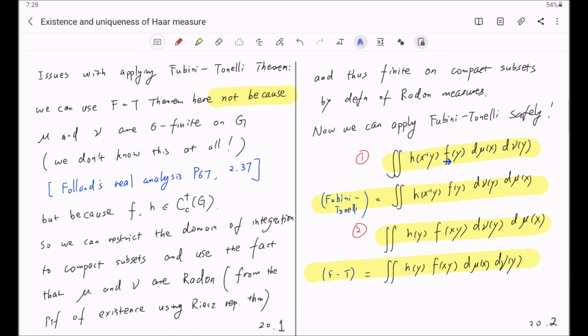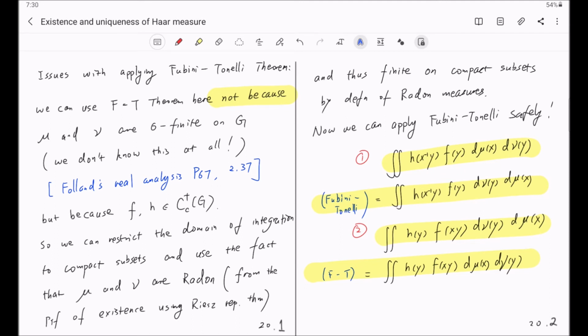So here, F and H are both compactly supported functions. They're all functions from Cc plus of G. So F and H do not vanish only on the compact domain. Namely, in order to make F not vanishing, y can only take a value from a compact set. And to make H non-vanishing, x inverse y can only take values in the compact set.